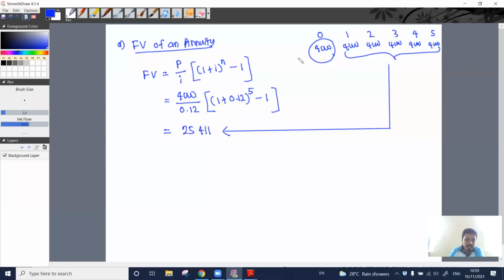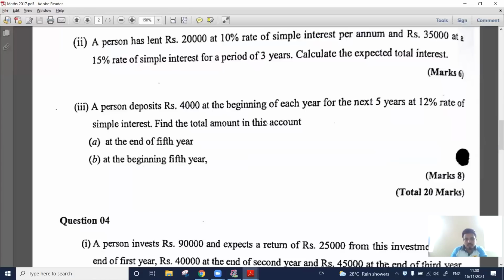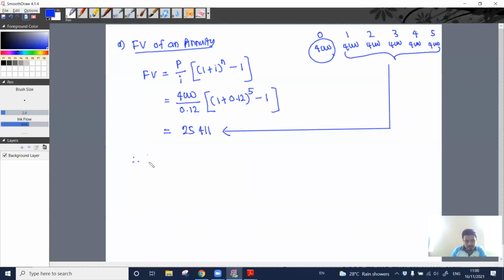It has not been considered here. Therefore, what we have been asked for is the total amount at the end of the 5th year.